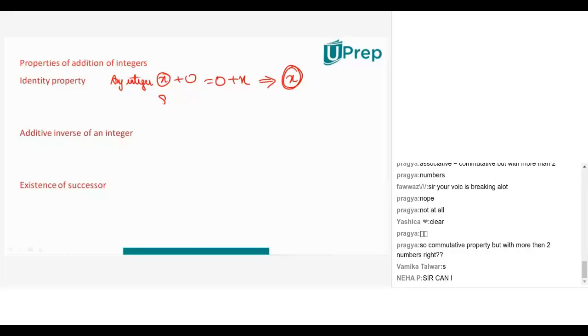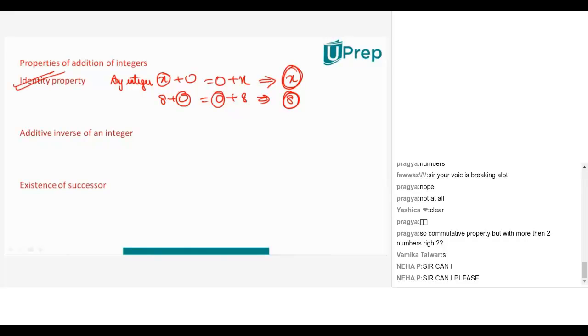Yes, sir. Now, the next property is something we discussed: additive inverse of an integer. Now, who can run us through this? Yashika, can you run us through this? Sir, I just got a doubt about identity property. Okay. What's the difference between identity property and commutative property?